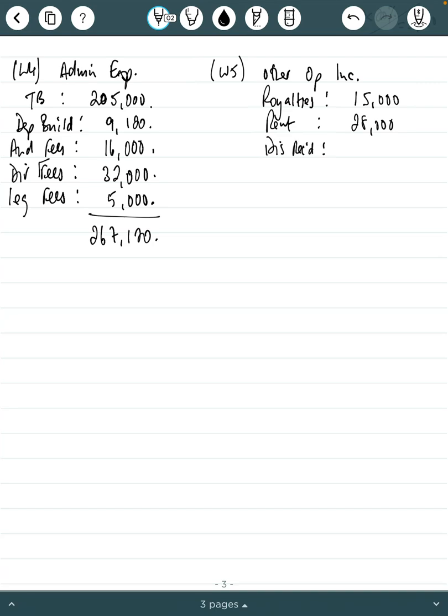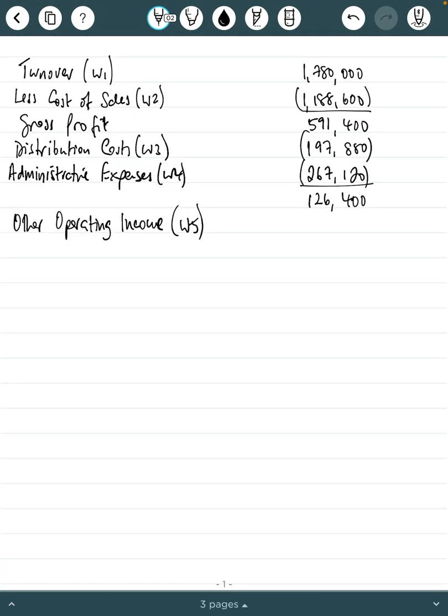I know it's received because it's a credit entry, and it's 39,000. We add up those 3 figures together and we get a figure of 82,000. So I come back up here now and put in our 82,000 here.